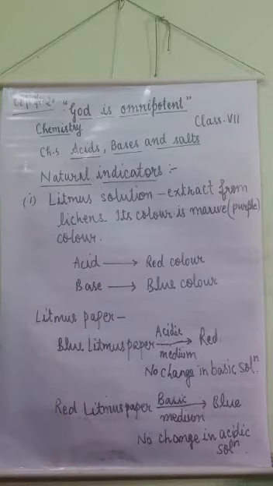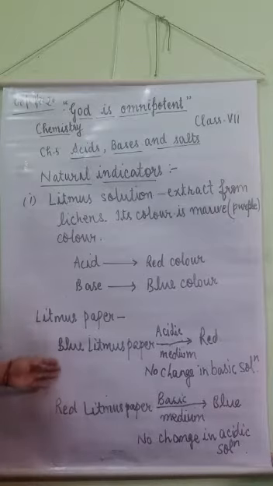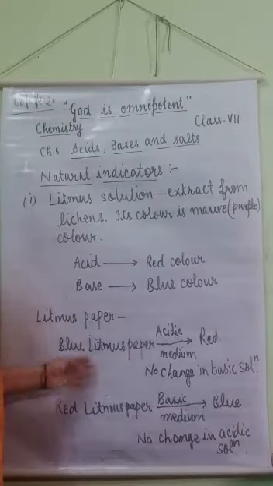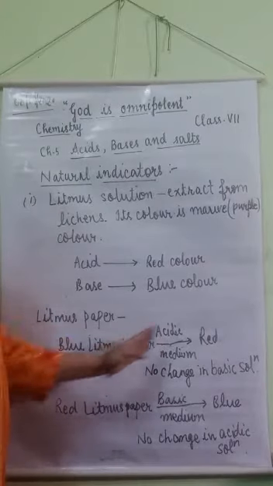This litmus solution also comes in strip form, known as litmus paper. There are two litmus papers, blue litmus paper and red litmus paper. When we dip blue litmus paper in an acidic medium, its color changes into red.